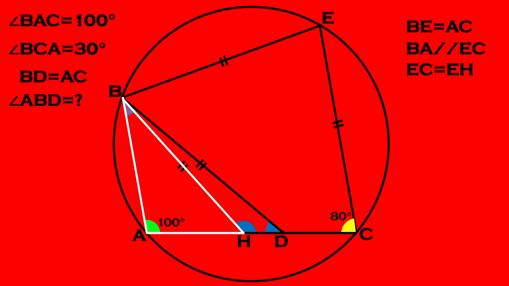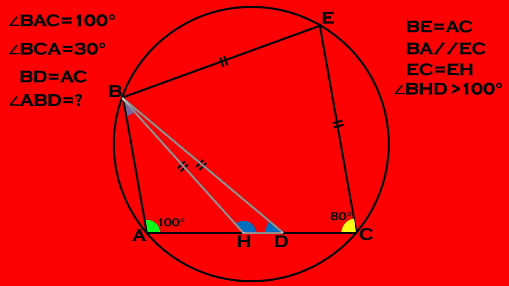Therefore, it must be bigger than the remote angle of 100 degrees. Now, returning to this isosceles triangle, the two base angles summed up are greater than 200 degrees. And that's impossible because all three interior angles of this triangle must sum to 180 degrees. Therefore, point H cannot be lying on the interior of AD.